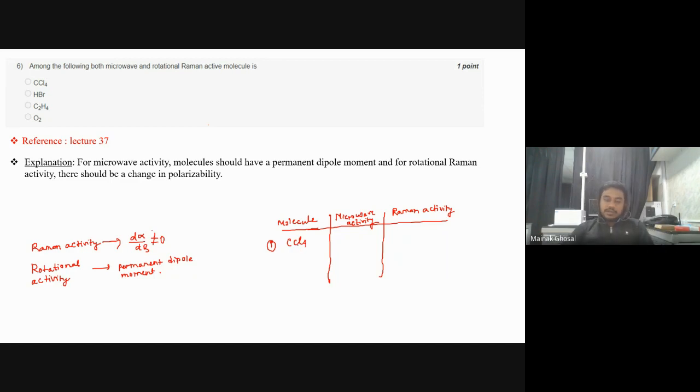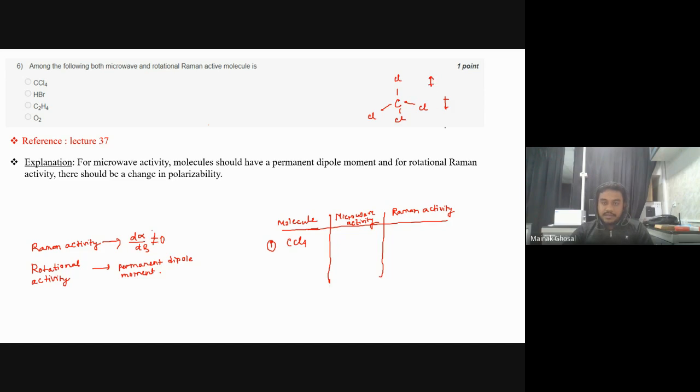Okay. So you know CCl4. You know the structure. What should be the structure of CCl4? Right. This would be the structure of CCl4. So one moment will act on this side, that means the group moment of these three chlorides, and another moment will be this one.